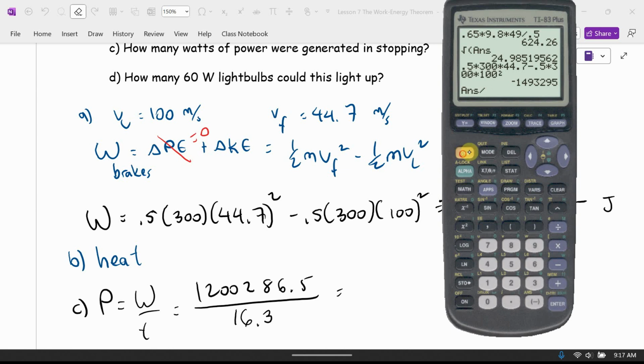I missed the square, Mr. Dueck. I'm trying to do this myself because I can't remember the answer. I just know it was big. I'm ignoring the negative. I'll go 73,600 watts. Yes, power's measured in watts.